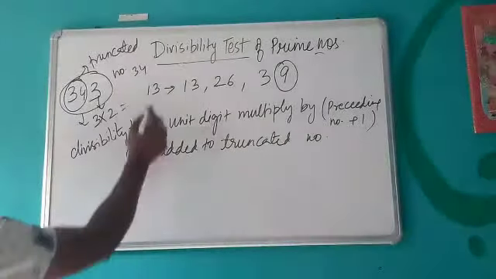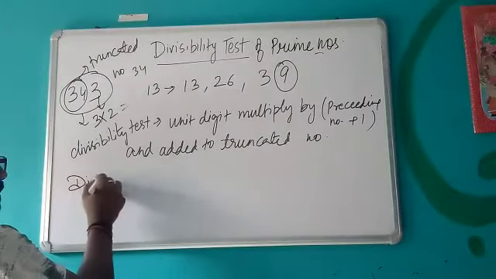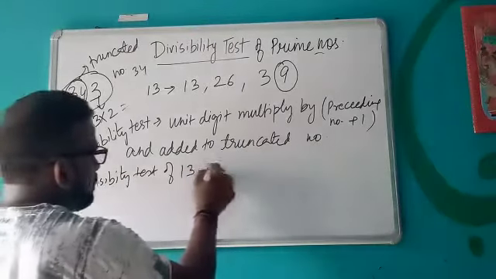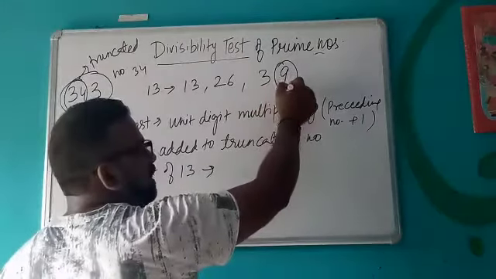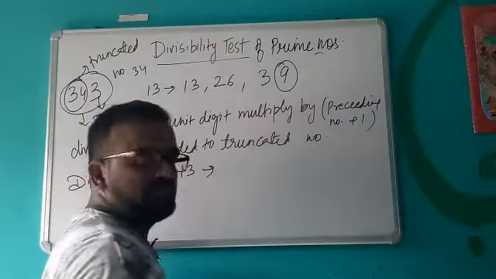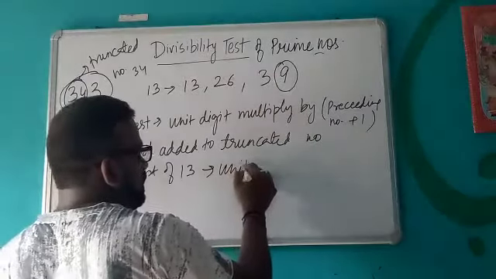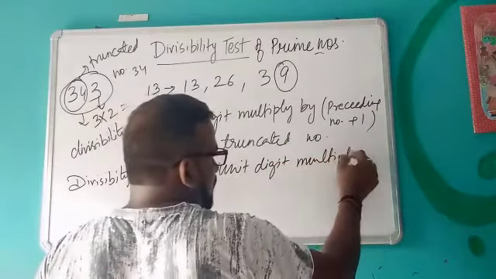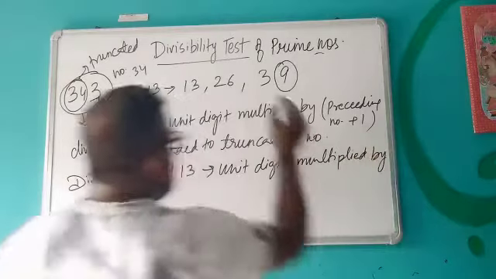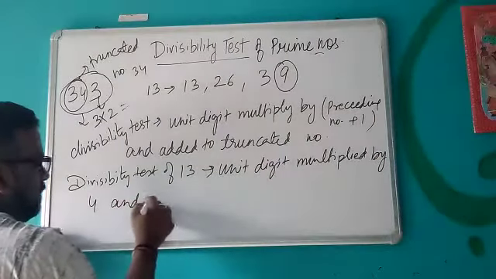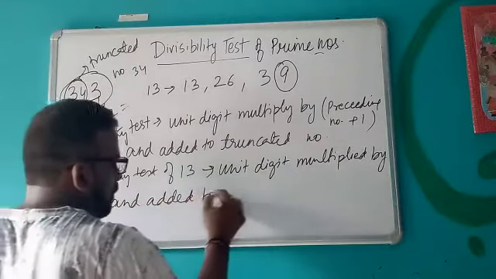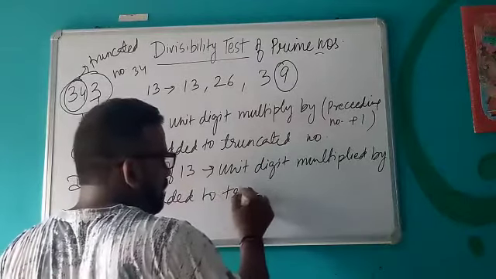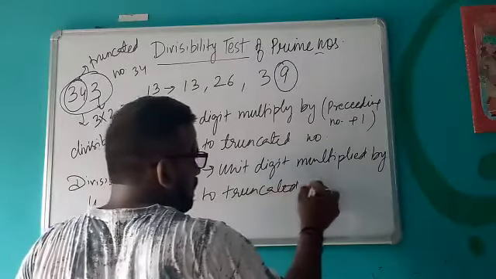So what is the divisibility test of 13? If you go by this rule, in this case the digit in front of 9 is 3, so its unit digit is multiplied by 4 and added to the truncated number.